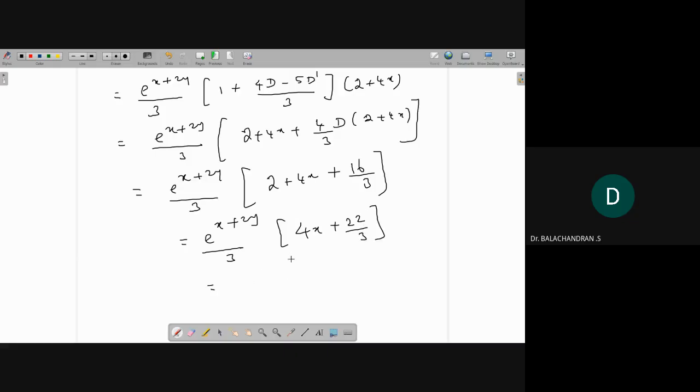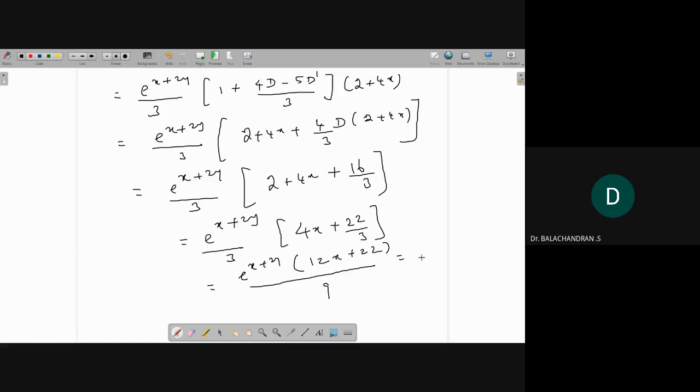So if you take 3 as LCM here, you get e power x plus 2y by 12x plus 22 divided by 3 into 3, 9. Or if you want to simplify further, you can take 2 commonly.